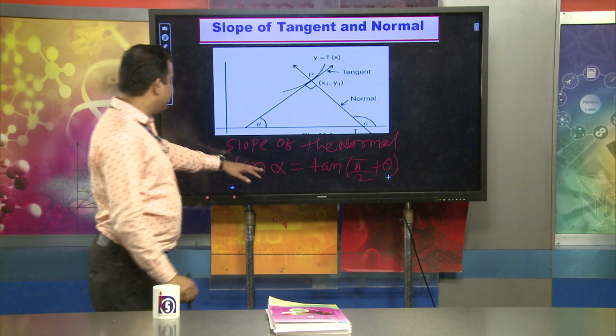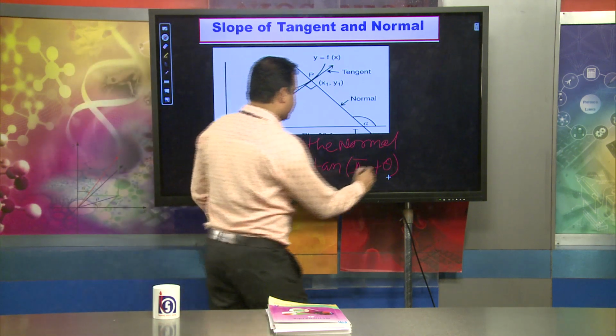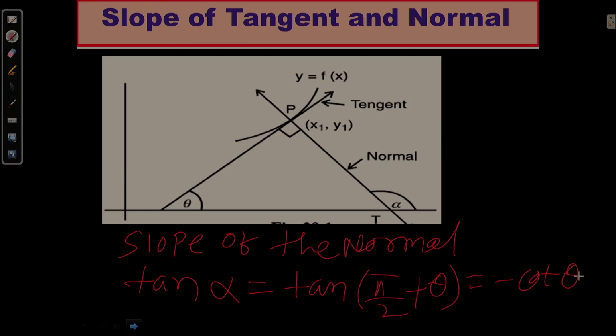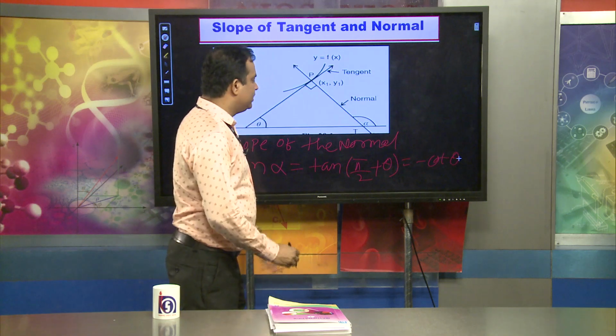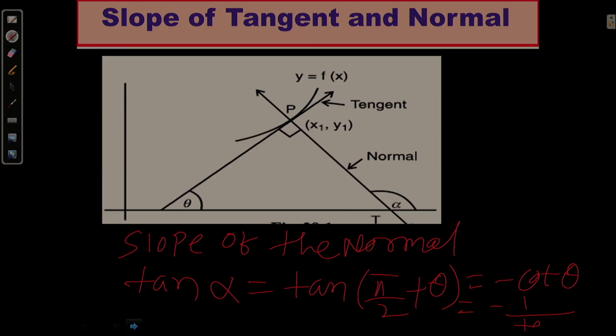You know that this is equal to minus cot theta, which is minus 1 by tan theta.